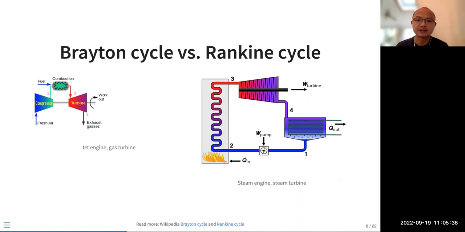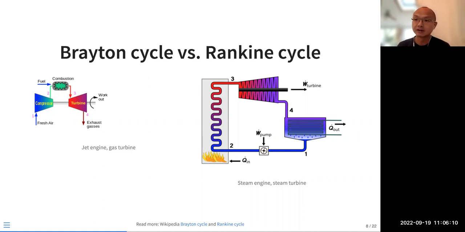So it's a jet engine, gas turbine, and the Brayton cycle, while the Rankine cycle is a steam engine, a steam turbine. So the heat converts the water to high pressure steam, and the steam drives the steam turbine to generate the electricity. So these two have different designs.